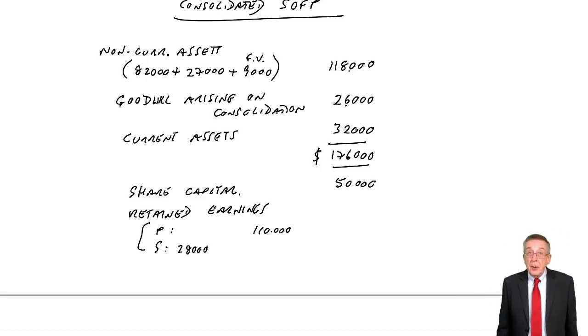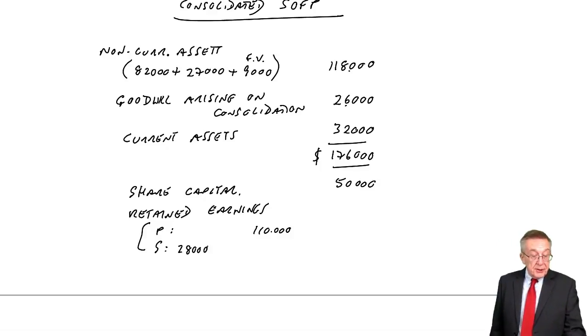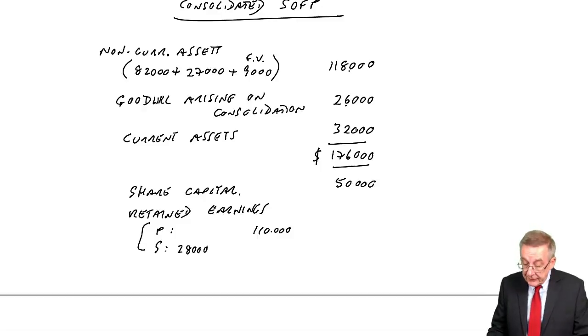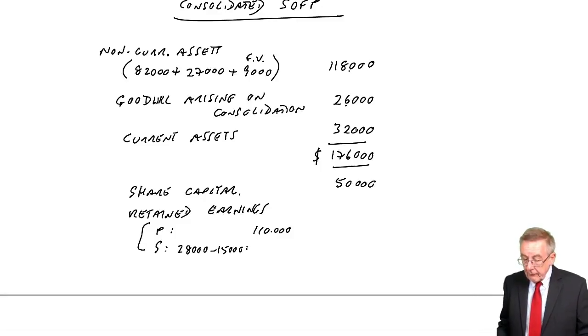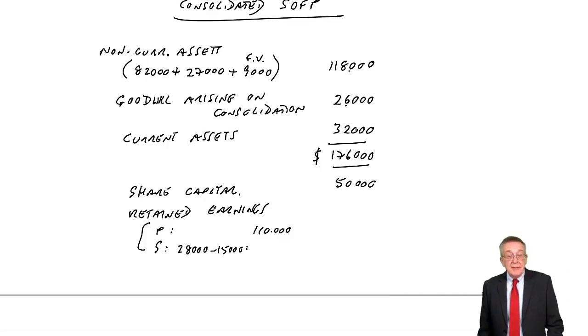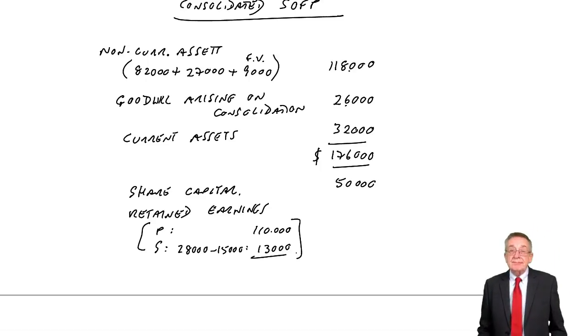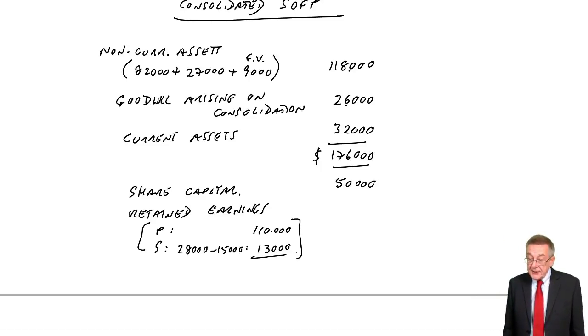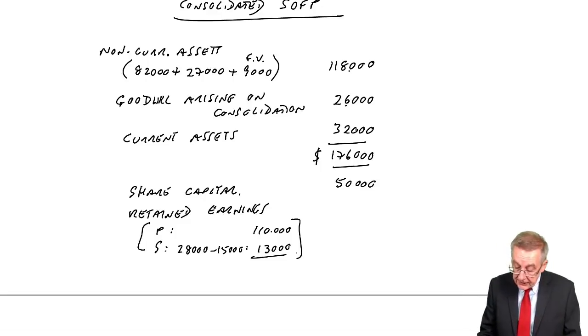But at the date we bought the shares, back to the second sentence at the top of the question, in January 2005, the retained earnings were already 15,000. And so only the difference of 13,000 has been earned since we bought the shares. So the total consolidated retained earnings, 123,000.